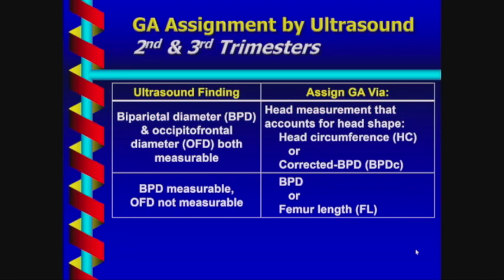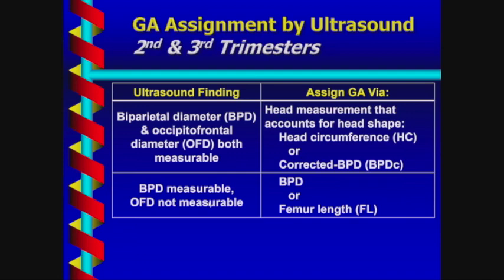In the second and third trimester, the methods that you can use include the biparietal diameter, the head circumference, or the occipitofrontal diameter, and or the femur length. And if you can see all the way around the head, in other words, you can either do a circumference all the way around it or measure the biparietal diameter, the width, and the occipitofrontal diameter.